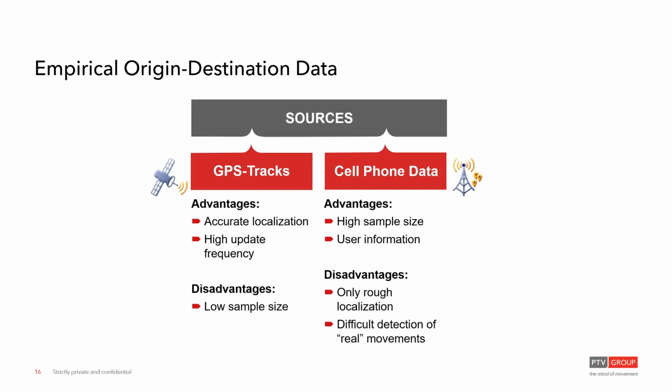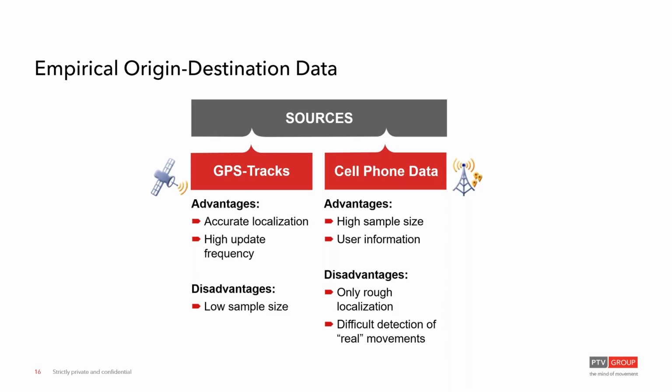On the one hand, we have the GPS tracks, like they are coming from the floating car data, and on the other side we have the floating phone data, and we really have to make a difference between the two.